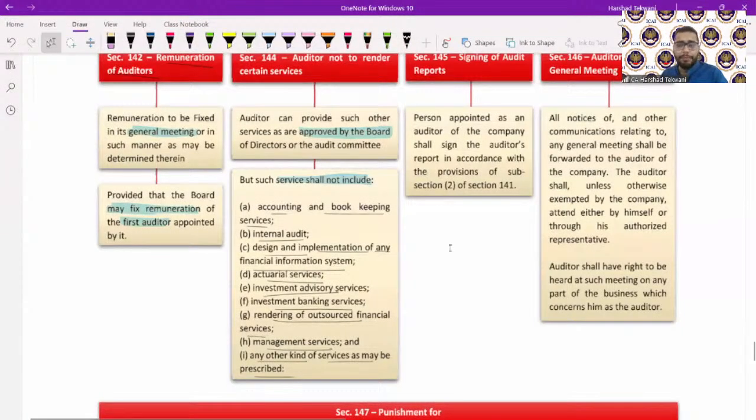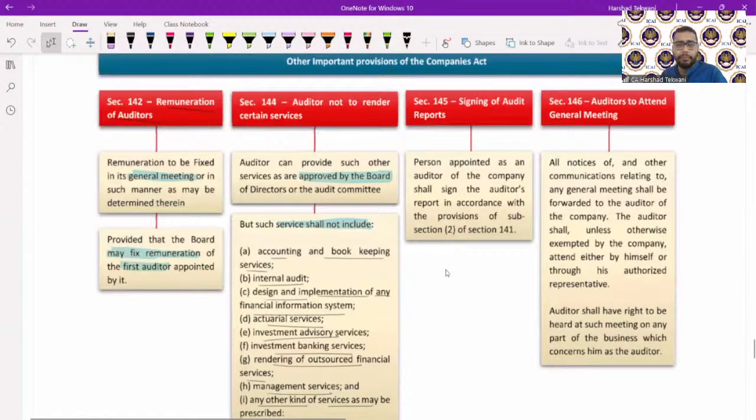Any doubt? Srinidhi, if you're talking about other assignments, can you elaborate what other assignments you're talking about?